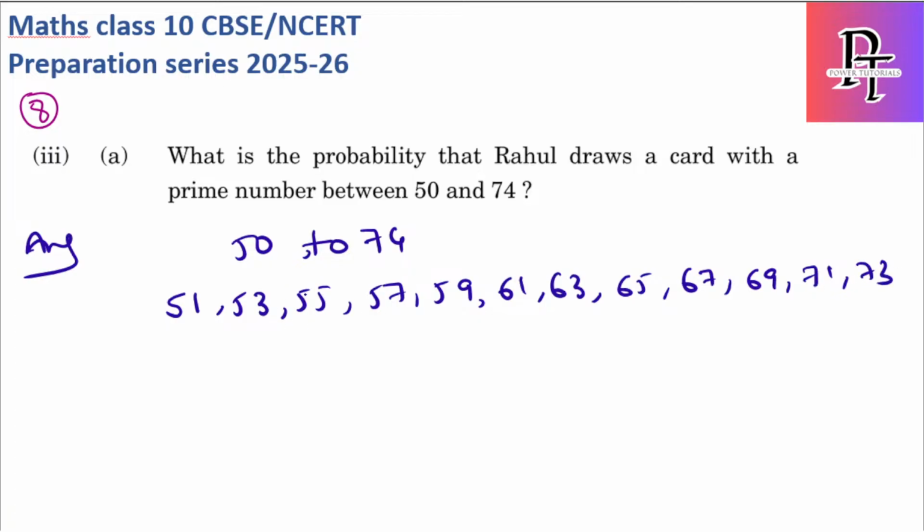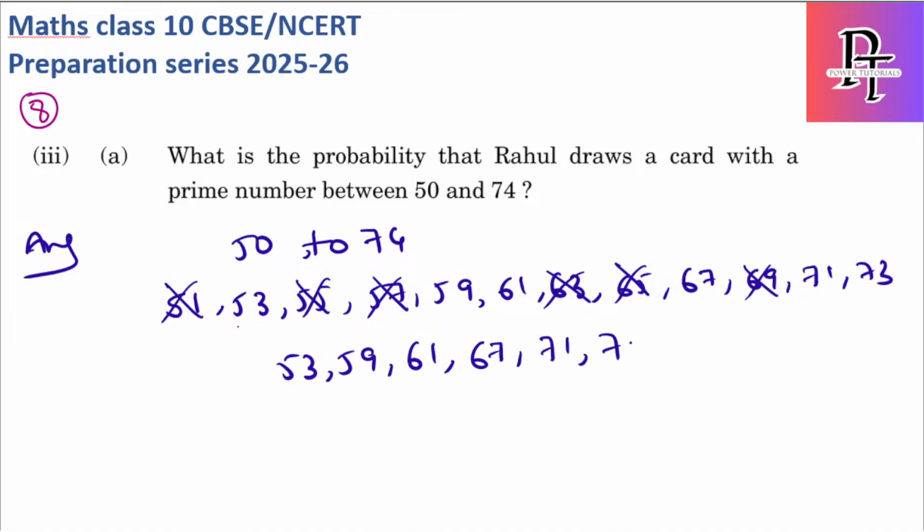Among these let's remove 55 and 65 because those are divisible by 5, and the ones divisible by 3: 51, 57, 63, 69. Okay, so we have left 53, 59, 61, 67, 71 and 73.